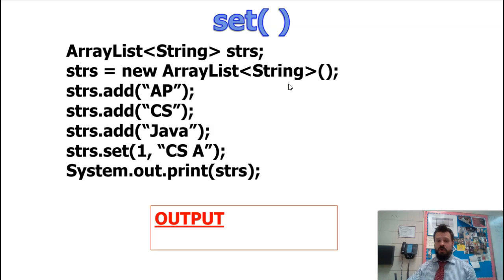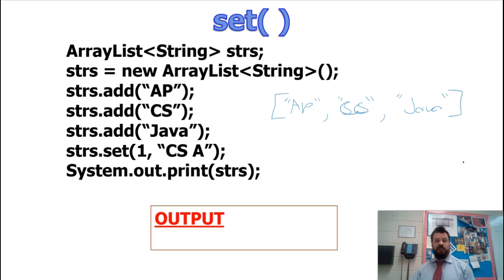After line 2 of code, we have an empty array list ready to hold String objects. Then our next 3 lines we're just going to call the add method, adding 3 different strings to that list. So after our next 3 lines of code, what we'd have is an array list with these strings: AP, the string CS, and the string Java.